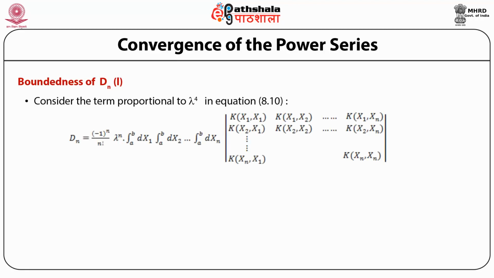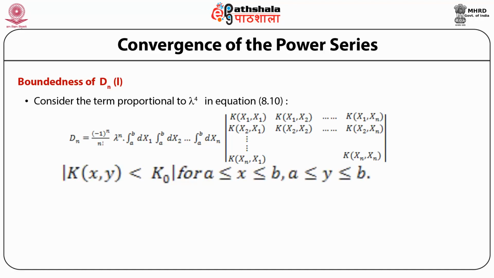The term proportional to lambda^n, D_n, is equal to minus 1 to the power n divided by n factorial, lambda to the power n, multiplied by the n-dimensional integral over dx1, dx2, ..., dxn. The limits of integrals, all integrals, are fixed from a to b, and the integrand now is a determinant of an n by n matrix formed out of the kernels K(x_i, x_j).